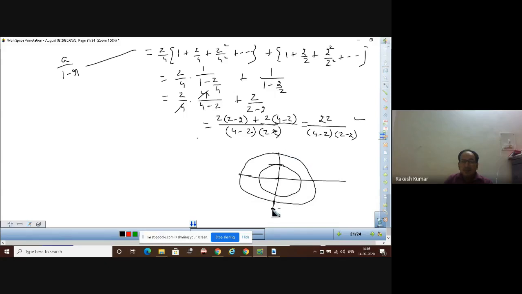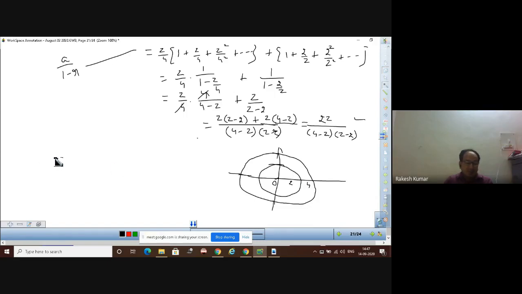This is the rough sketch of the figure. You just plot this figure with the help of a pencil and try to make circles as clear as you can. This is the circle with the center origin and radius 2, and the radius 4 is there.